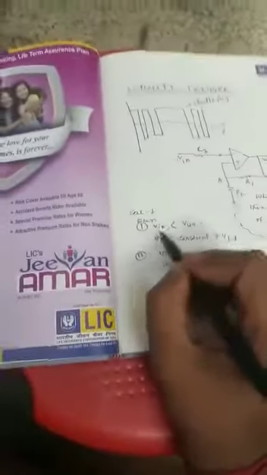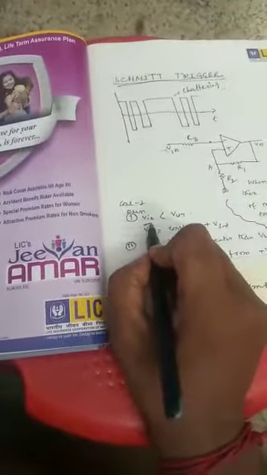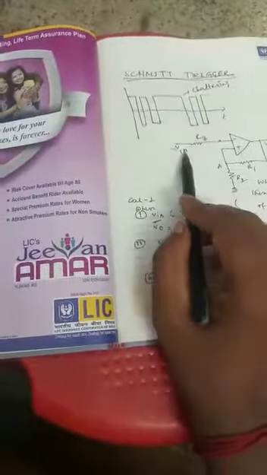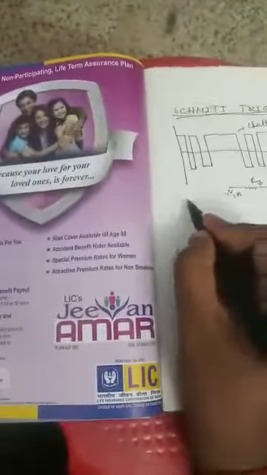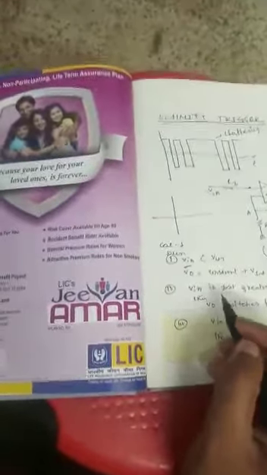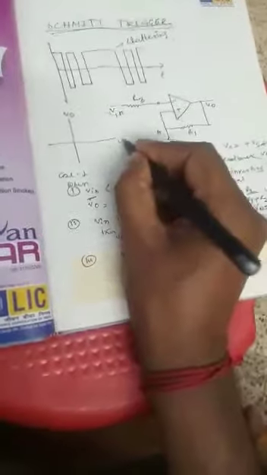There are some cases. In the case when V input is less than V of UT, the input voltage is less than the upper threshold voltage, then the output voltage is constant. Let us look at the graphical representation of V0 and input voltage V in.